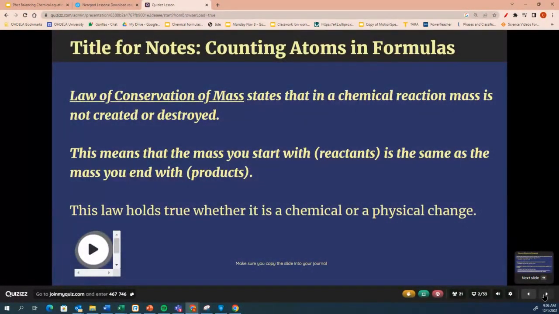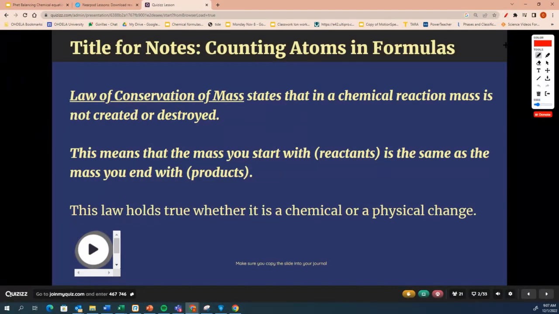Okay, so again, this is the most important thing here. The law of conservation of mass states that in a chemical reaction, mass is not created or destroyed. This means the mass you start with, the reactants, is the same as the mass you end with, the products. It also means that if you start with aluminum, you end up with aluminum, not carbon.